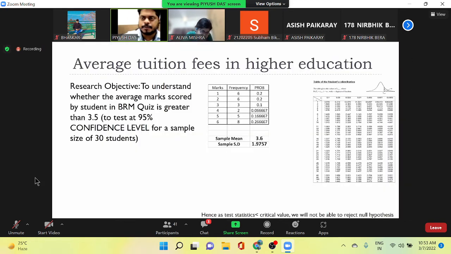What does that mean the other way around? Alpha is 5%, which means I'm accepting an error of 5%. My study can be wrong 5% of the time. For a sample size of 30 students, I conduct a quiz. I get a sample mean of 3.6 and a standard deviation of 1.97.